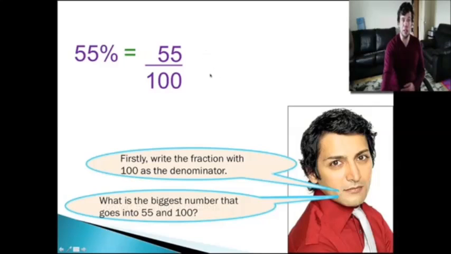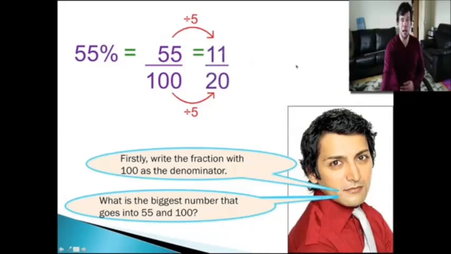So let's divide top and bottom by 5. How many 5s in 100? 20. How many 5s in 55? 11. We've got 1 mark for converting to 55 out of 100, knowing that percentage means out of 100, and the second mark for simplifying the fraction, 11/20. 55% is expressed as a fraction in its simplest form.